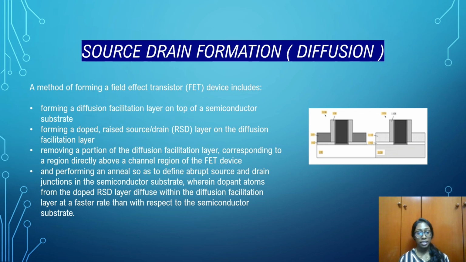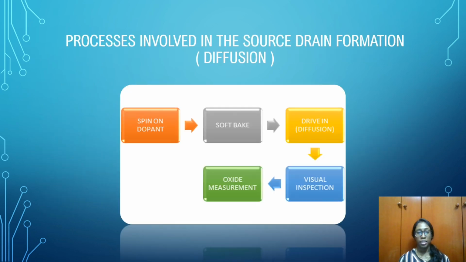And performing an anneal so as to define abrupt source and drain junctions in the semiconductor substrate, wherein dopant atoms from the doped RSD layer diffuse within the diffusion facilitation layer at a faster rate than within the semiconductor substrate.